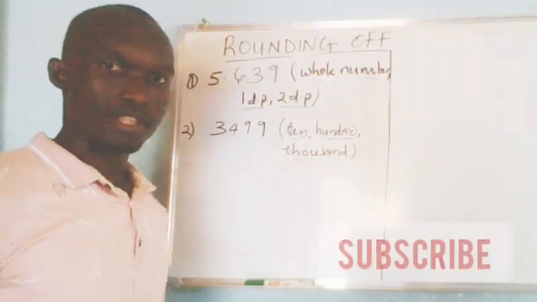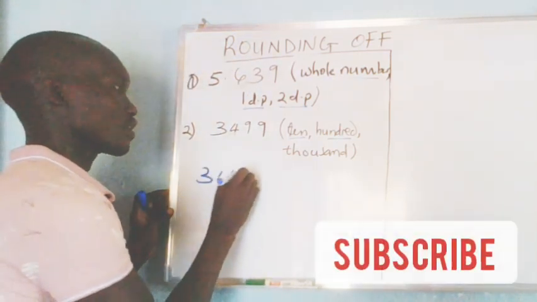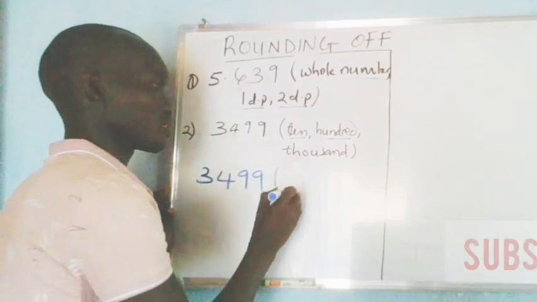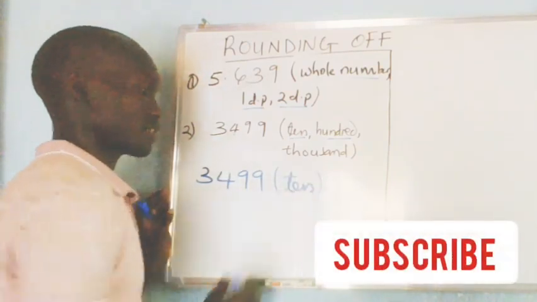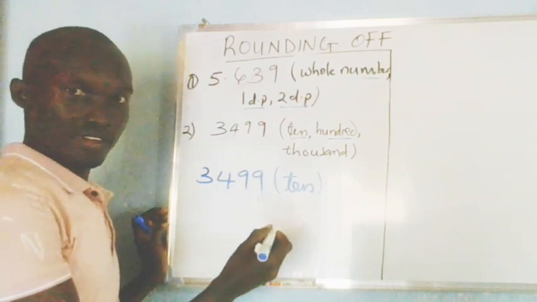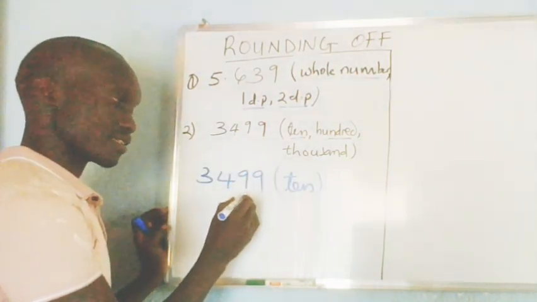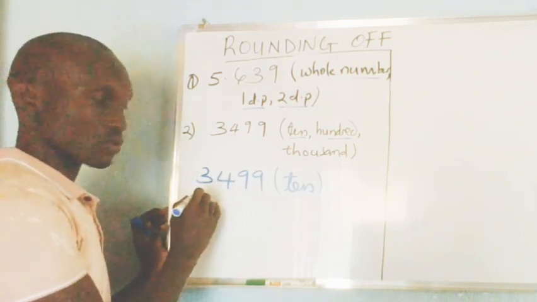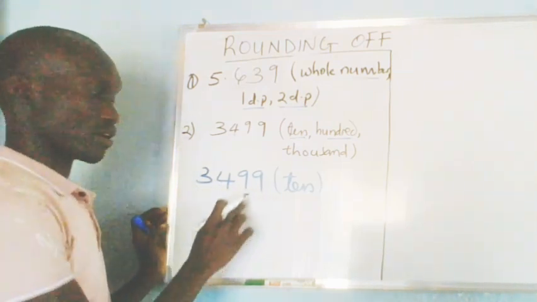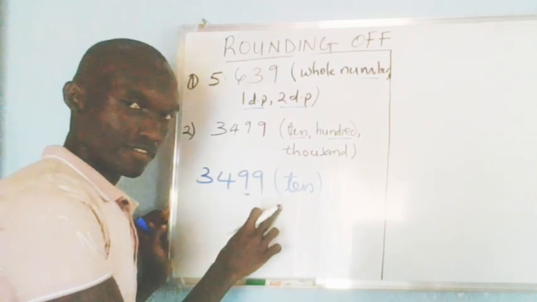Let's look at numbers which are whole numbers and see how we can round them off. Okay, let's look at this number. This time we are asked to round 3499 off to the nearest ten. Now you have to put place values at the back of your mind. Know that this is 1, this is 10, this is 100, and this is 1000. So in this case, our focus will be on this 9. Then we look at the number which is on the right of 9.